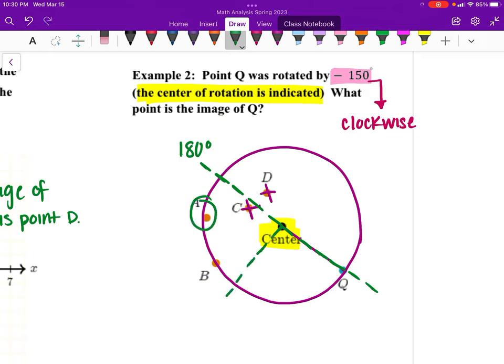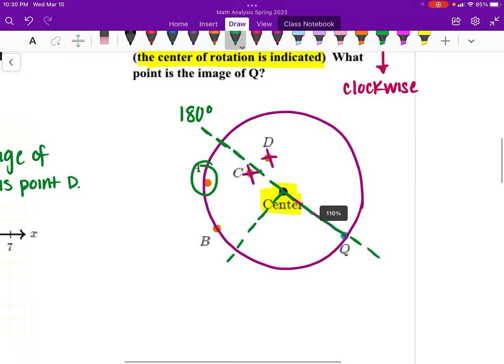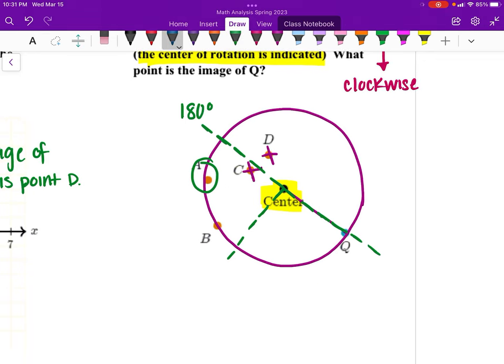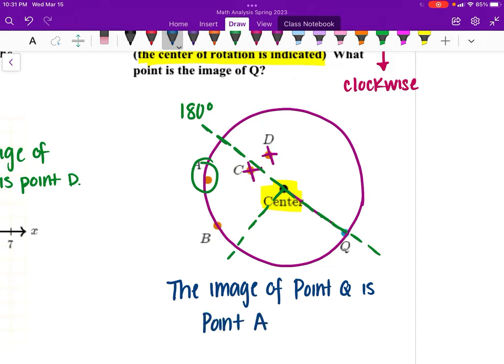So once again, the best choice for us would be A. So the image of point Q is point A. And once again, we were moving in a clockwise direction, which means we're going this direction. So we have, in this case, this angle here. That would be 150 degrees.